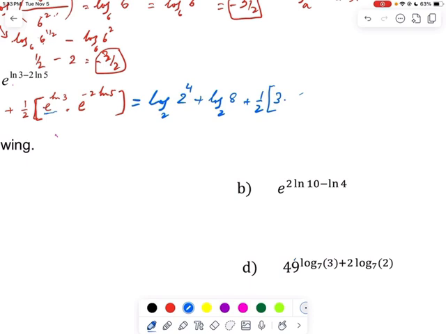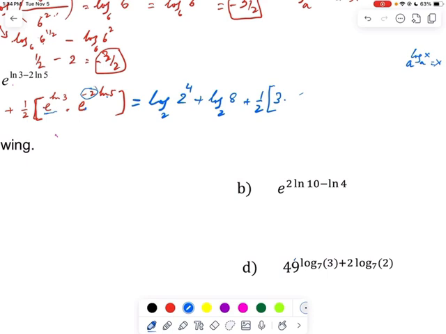5 to the -2, because the property which we want to apply is a raised to the power log base a of x gives us x. This is the property we are applying. So we want e, because e is the base of ln, so e here and e here as the base.